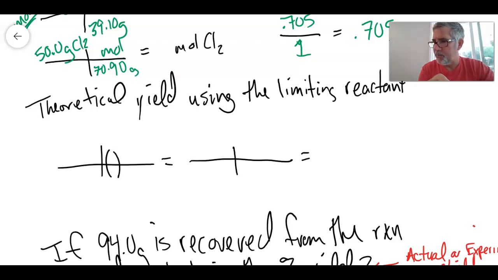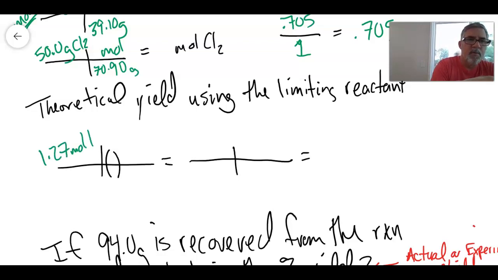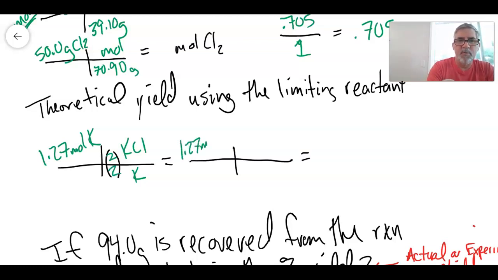I'll use my 1.27 moles of K. I want KCl. I want to get rid of K. If I look back above, I see that I have a coefficient of 2 there and a coefficient of 2 there. So I have 1.27 mole KCl because I crossed out my K and I can cross out these 2's.